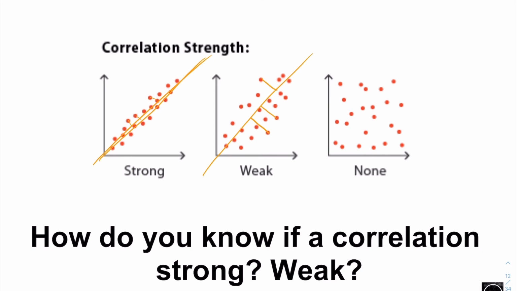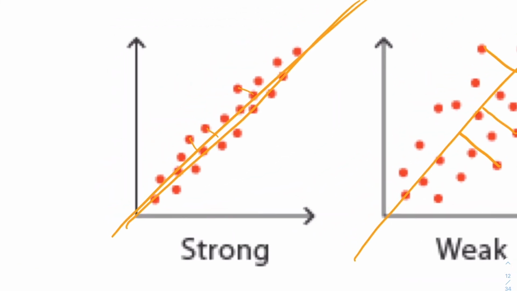What that means is that while yes, you can draw a line through the data, that line isn't very accurate. In the strong one, that line is really close to all the dots, so you would say that it is very accurate and it has a strong linear correlation.